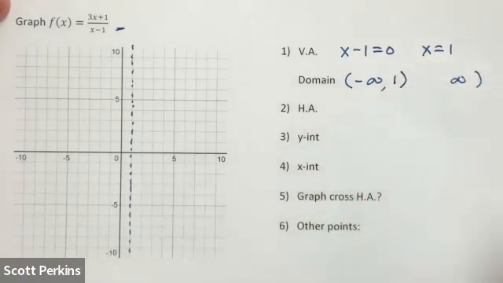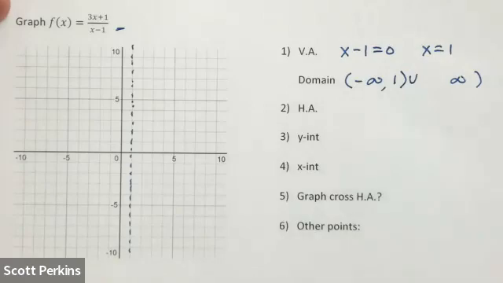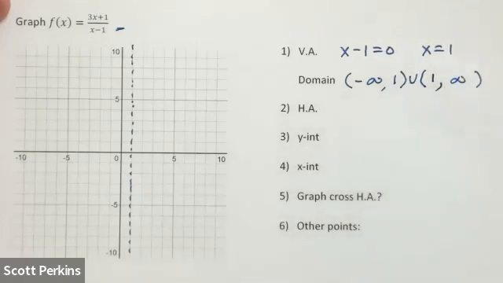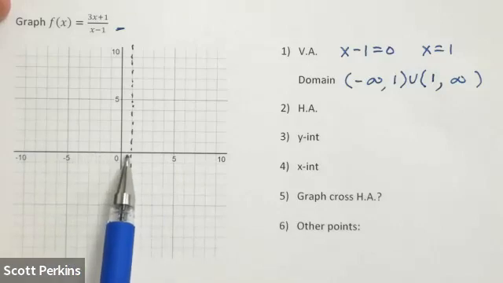And I use a parenthesis here because I am skipping the value. And then union, because all of this makes one domain. And then another parenthesis because I'm skipping the value 1, to infinity. So that value 1, you can see from the graph, divides my x-axis, my domain, into 2 intervals, negative infinity all the way to 1, and then 1 to infinity.